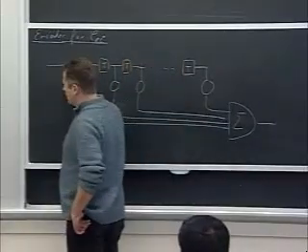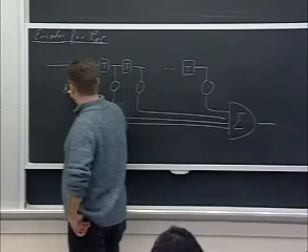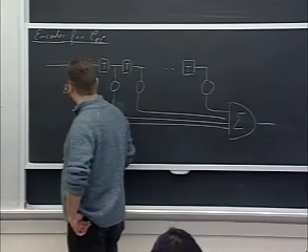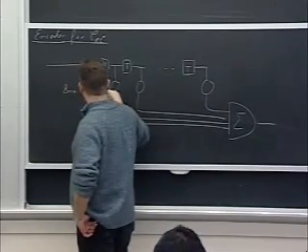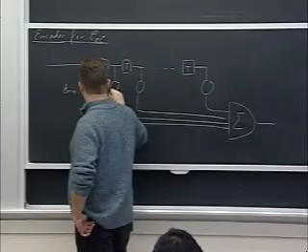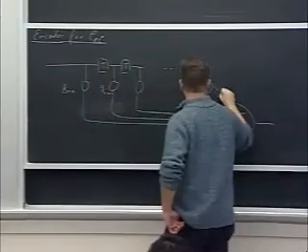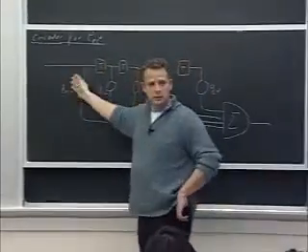This one would be G to n minus k. So these would be the coefficients.